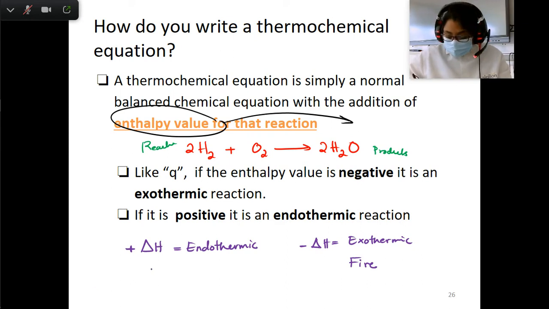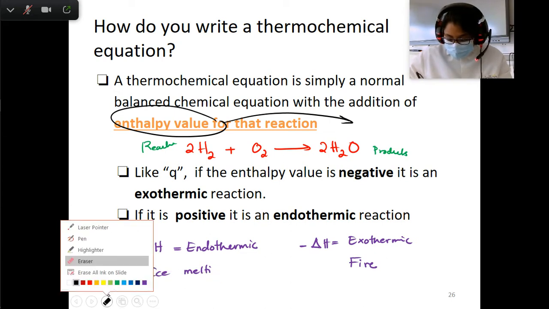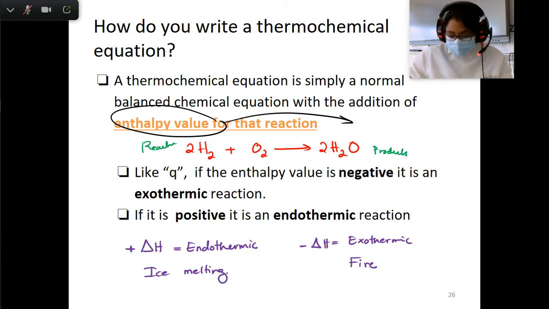Water or ice melting would be an example of an endothermic process. Ice absorbs energy to melt, so entering thermal energy means endothermic, and exiting thermal energy means exothermic. Delta H is the change in enthalpy, positive for endothermic, negative for exothermic.